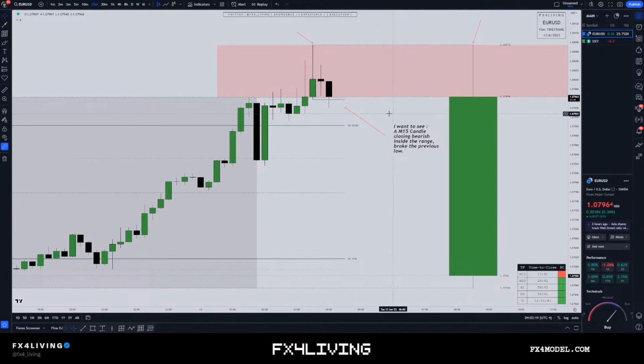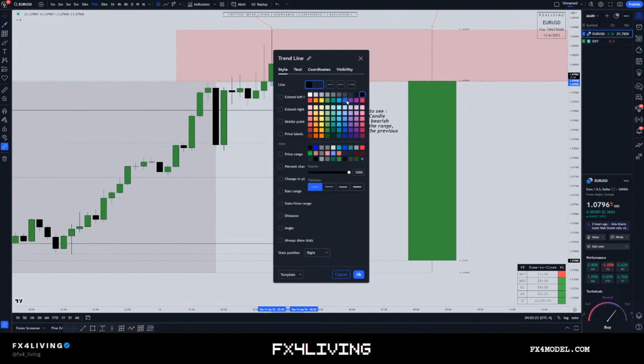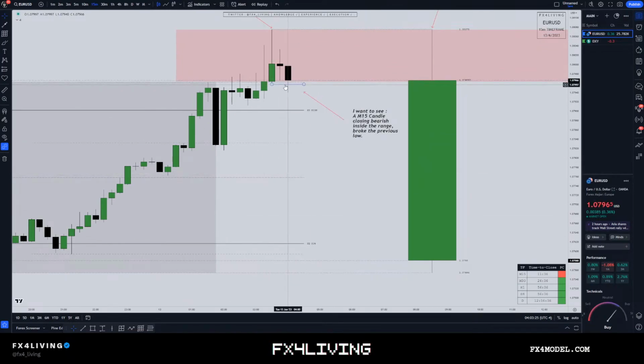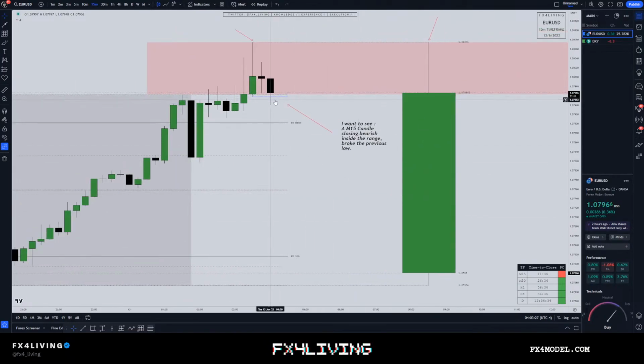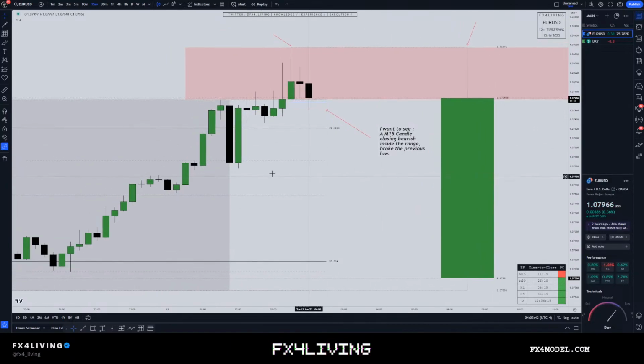But for now, there's nothing. I'll put that in blue maybe, so you can see, okay cool, we broke the low. But look, we broke the low, but the price is printing above. So this is a rejection of this low, and that's why I want to wait. Still 11 minutes to wait, so it's fine.